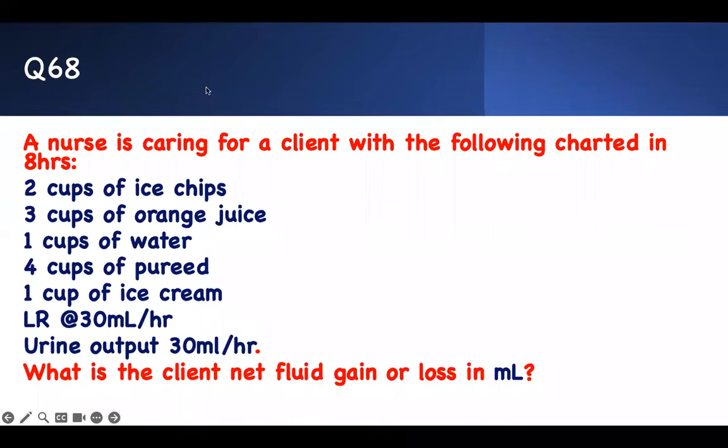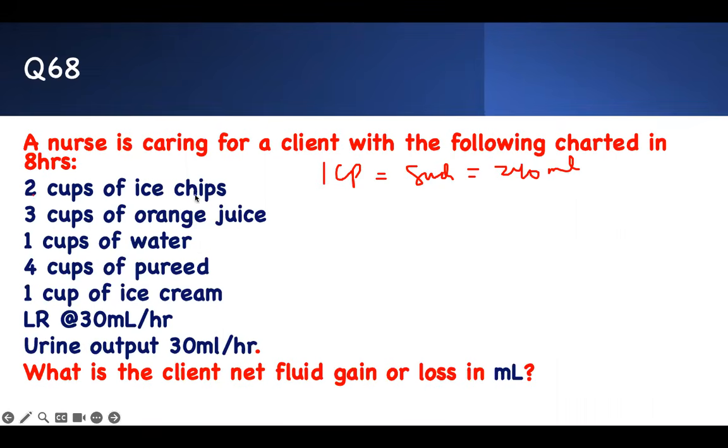Next question. A nurse is caring for a client with the following charted in 8 hours. I'm not going to do the calculation, but I'll show you. You have to calculate the net fluid. You have to know this. 1 cup is 8 ounces, which is equal to 240 ml.